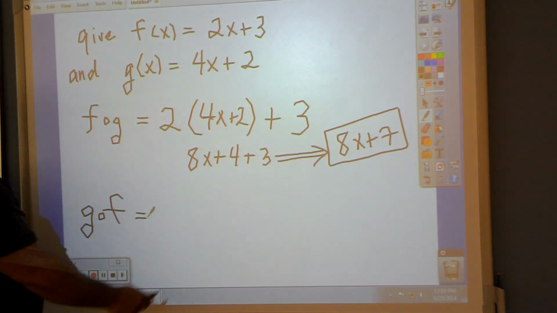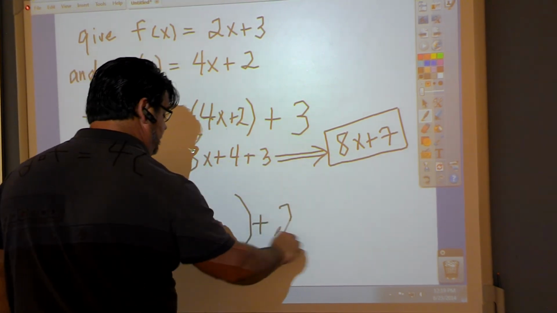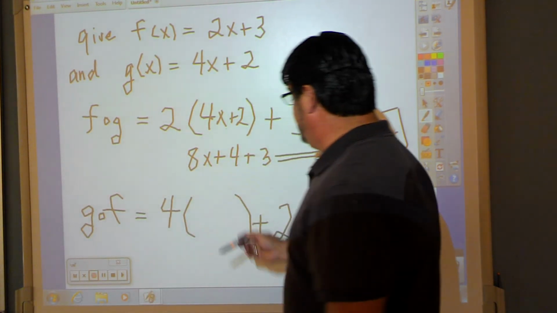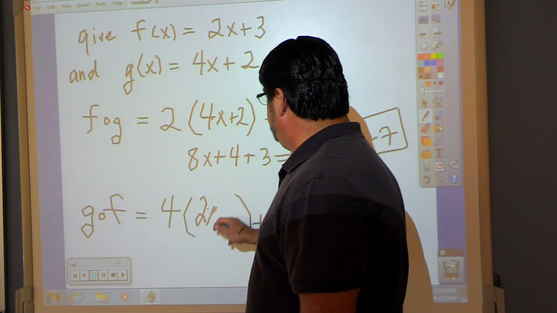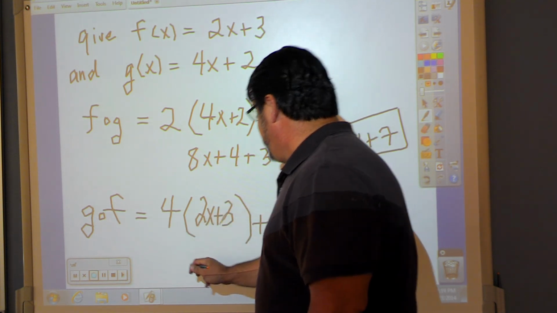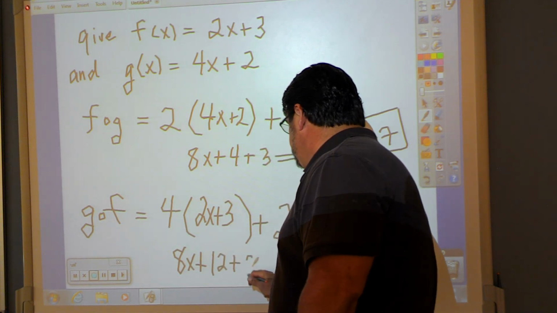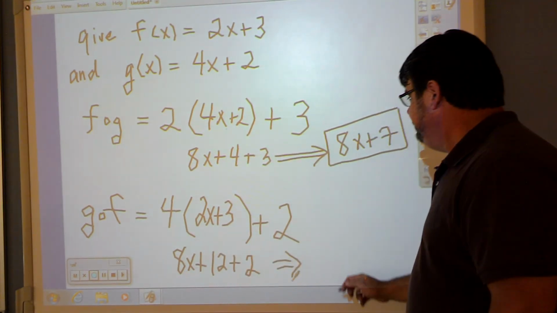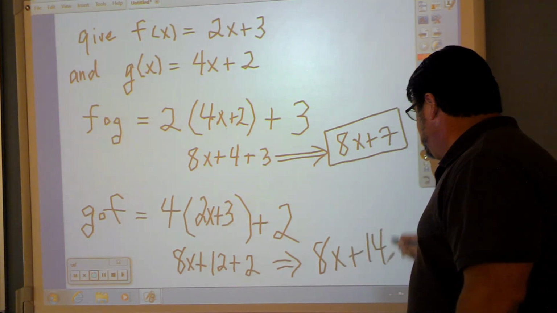All right, g is 4 parentheses plus what? 2. And what am I going to plug in here? 2x plus 3, and do it. 8x plus 12 plus 2 is equal to what? 8x plus 14. And see, they are not equal.